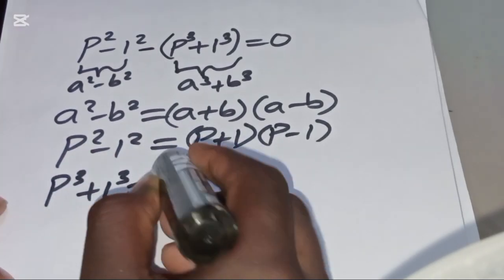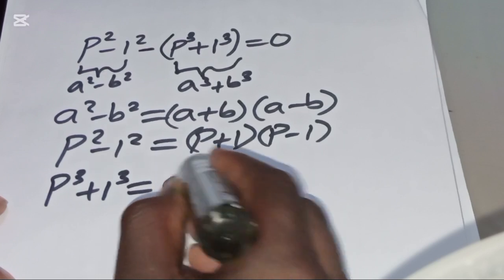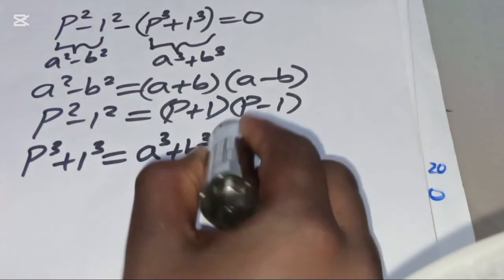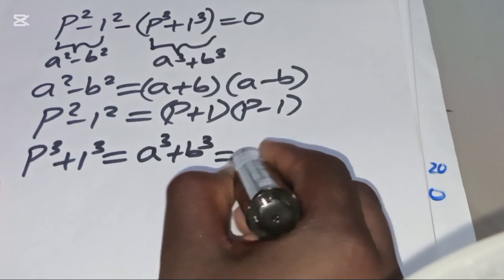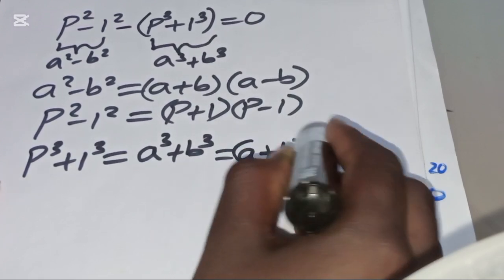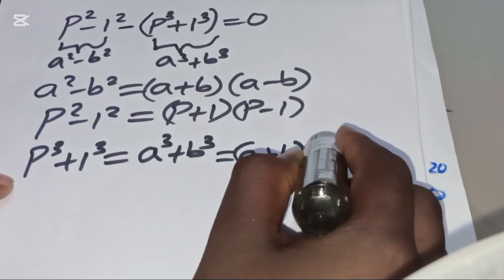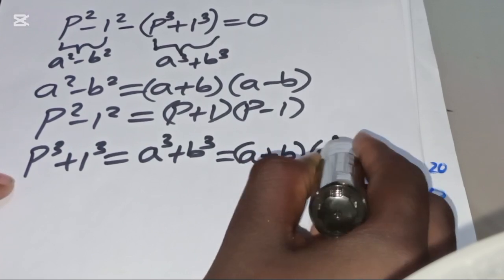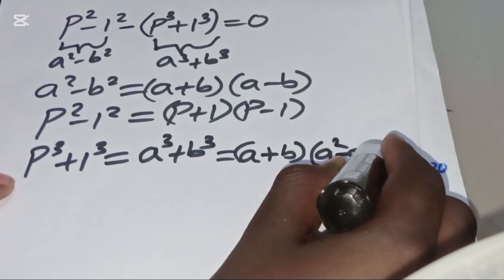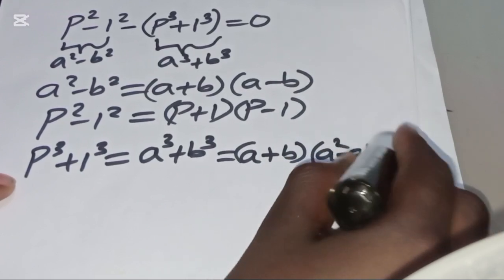We are saying this is expressed in the form of a cubed plus b cubed. Okay, and this is equal to a plus b into the parentheses, a squared minus ab plus b squared.